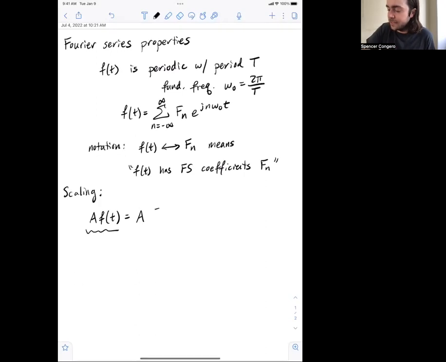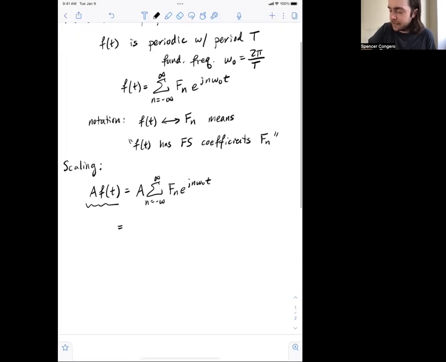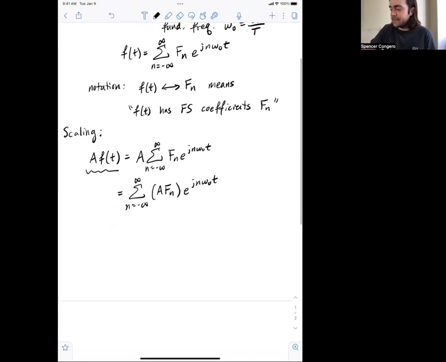Let's try and prove it. So we get a, and then I'll just plug in what the Fourier series is for f. Now I can just bring that a inside. And now you can see we have a Fourier series representation right here.